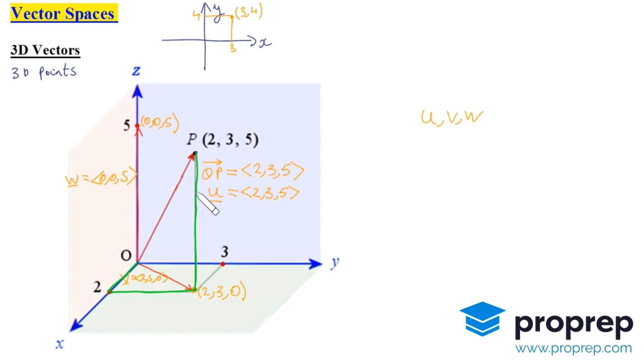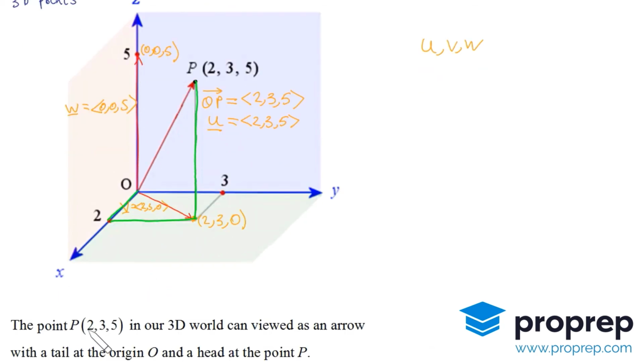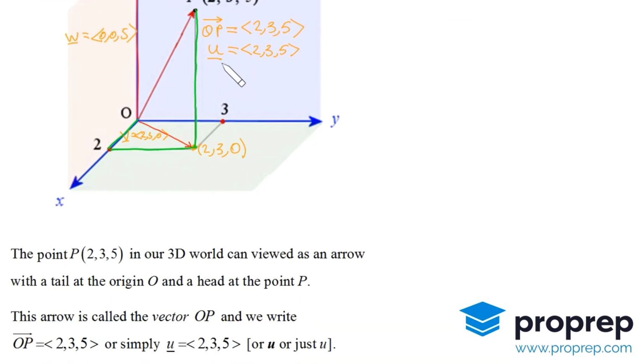And let me just summarize in writing some of the things I said. So again, in our example, this point here, (2, 3, 5), in the three-dimensional world can be viewed as an arrow with a tail at the origin and a head at the point P. And the arrow is called the vector OP, and we write it as OP with an arrow on top equals ⟨2, 3, 5⟩ like this.